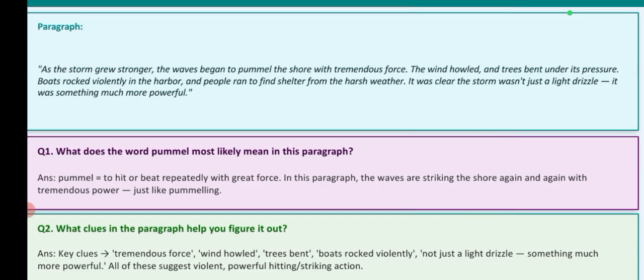As the storm grew stronger, the waves began to strike the shore. So these are striking, meaning hitting. ये सेंस आ रही है. तो इसका पमल का वैसे क्या मतलब है? To hit and beat repeatedly with great force. In this paragraph, the waves are striking the shore again and again with tremendous power, just like pummeling.